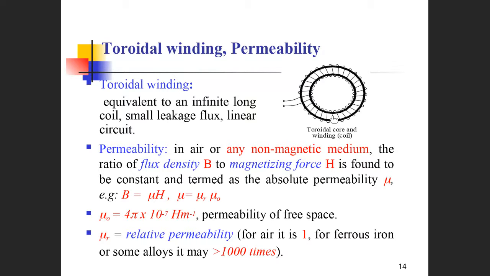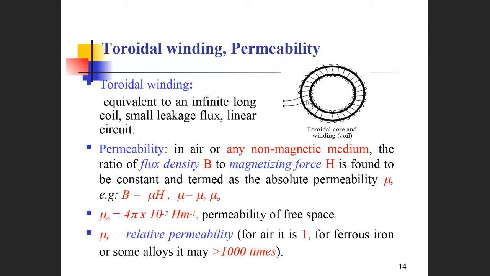You may have several layers of coils on the core, not just one layer: one layer on the core, then another layer, or three layers, or four layers.